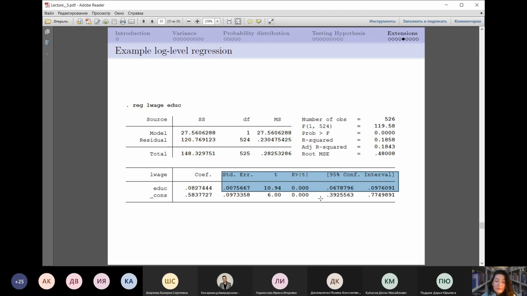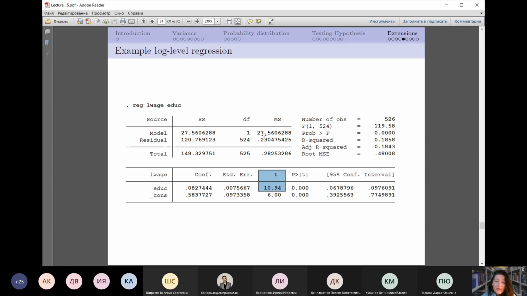If you want to make some conclusion about the statistical significance of the coefficient, you can take a look, for example, at the p-value, at the confidence intervals, and also at the t-statistic. So you have several options.